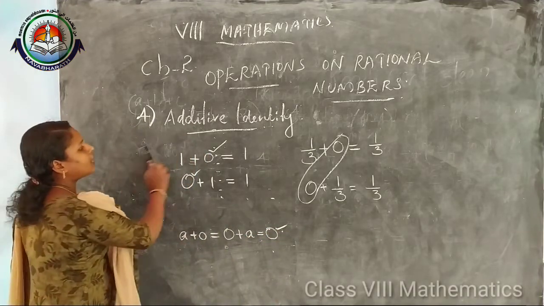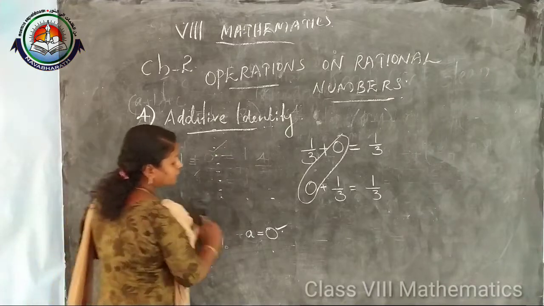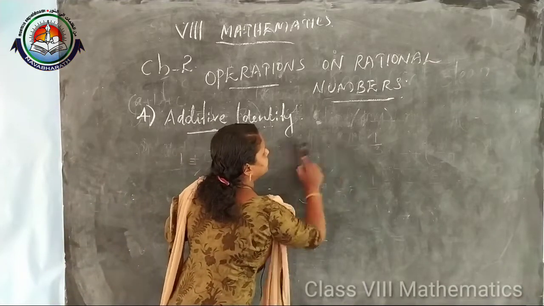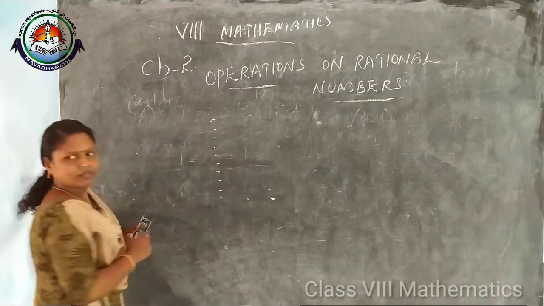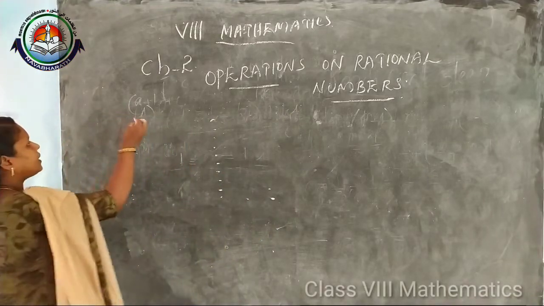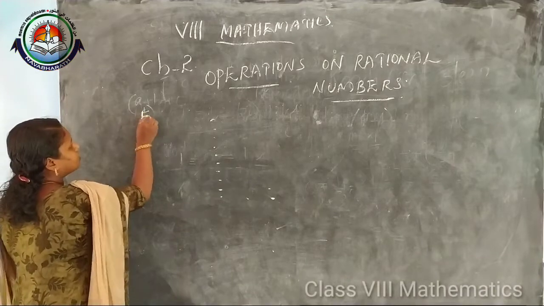Next, additive inverse, the last property of addition. Additive inverse is the fifth one.